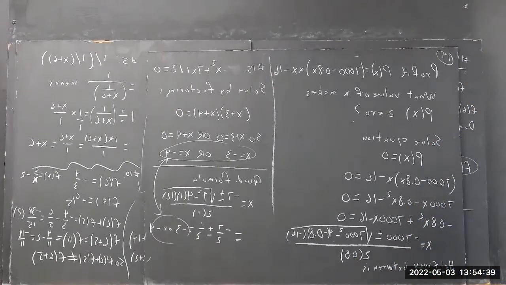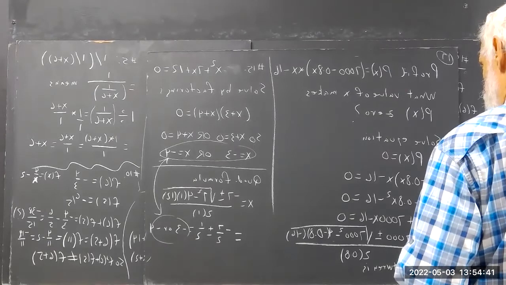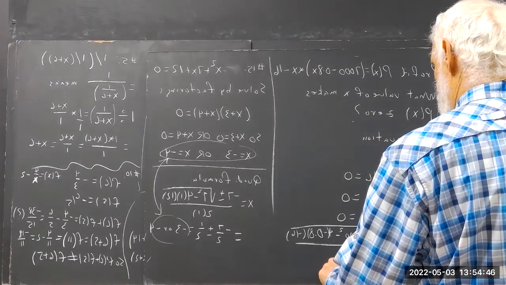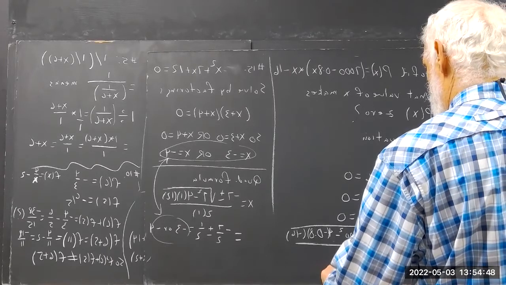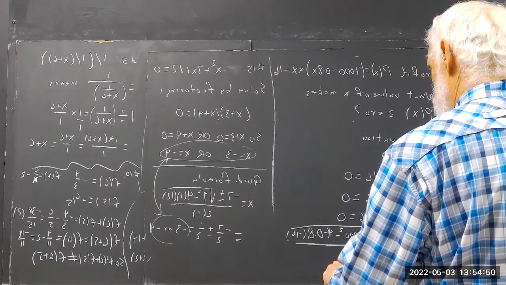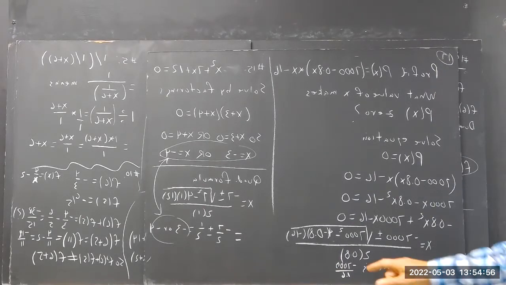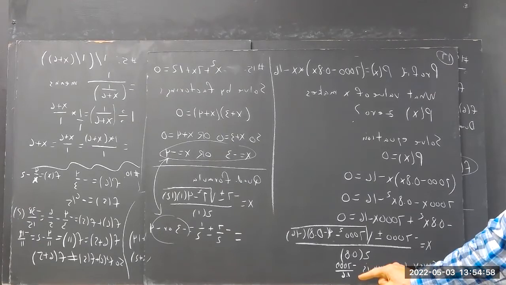Halfway between is negative 7,000 over 1.6. Now, I will say this doesn't make a lot of sense in terms of what the model is about.